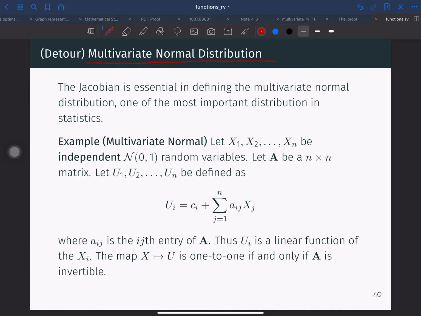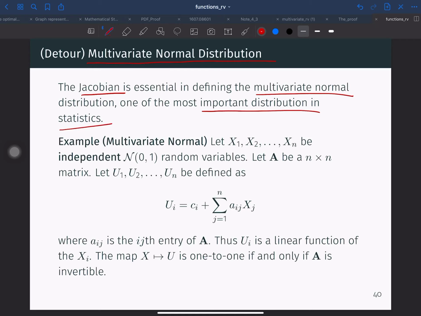Really understanding it is fundamental for being able to easily read articles or papers about the use of statistics in analyzing classical traditional data. Like we said, the Jacobian is essential in defining the multivariate normal distribution, and that's one of the most important distributions, I think, in statistics.